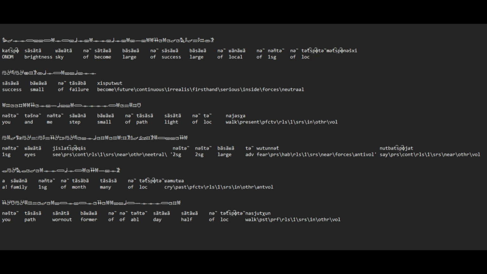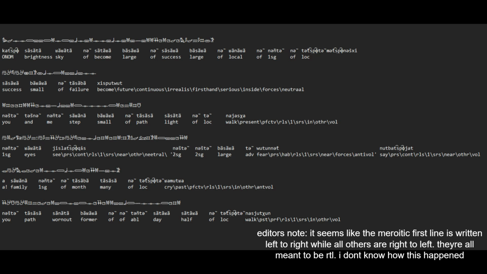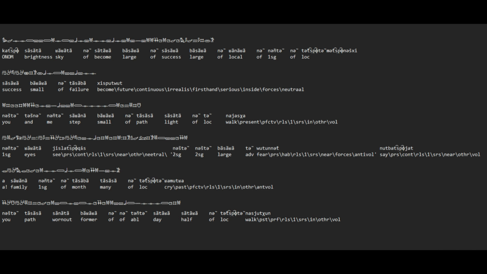Kat, sasata, rata, na, satara, basara, na, sasara, basara, na, ranara, na, nanta, na, natflanta, sasara, barara, na, tasaba, na, nanta, sarana, barara, na, tasasa, sasata, na, ta, nayasra.